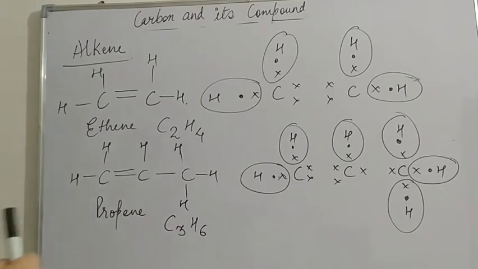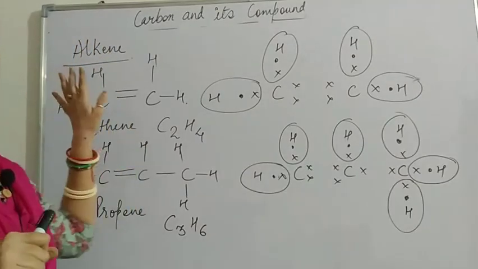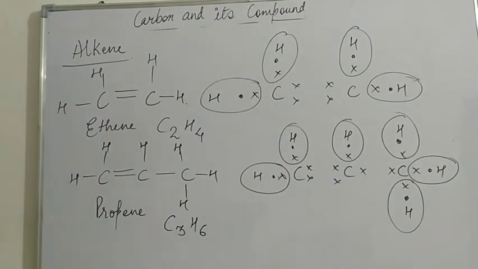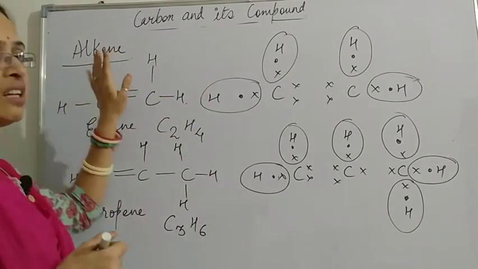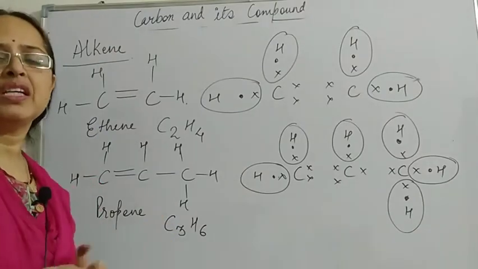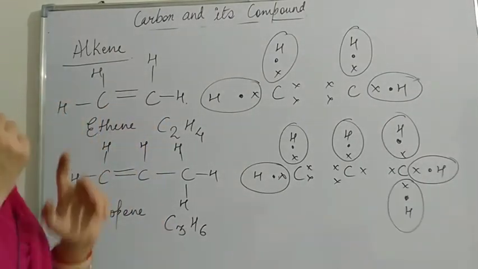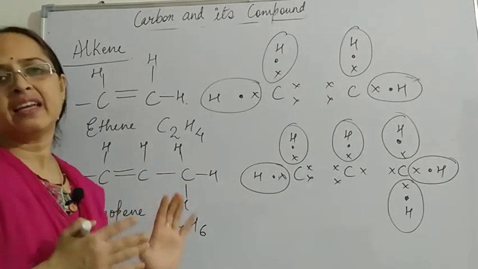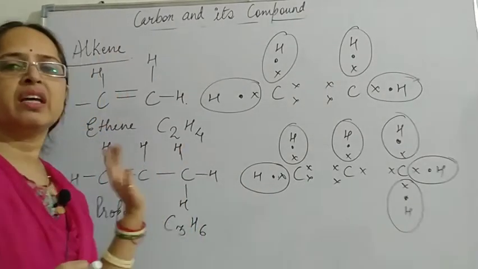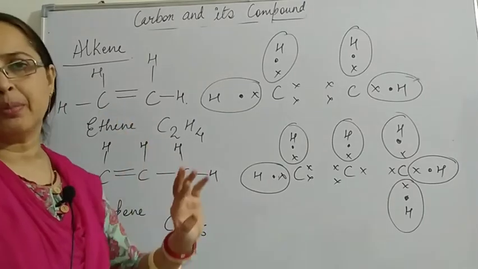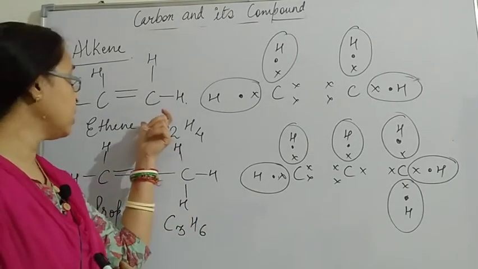Now here you can see the structural formula. We'll talk about the alkene, how the structural formula and the electron dot structure of alkene are made. You know that in alkene the first carbon compound has 2 carbons. Because the first member in alkane is methane, but here in alkene it is the 2 carbon compound, that is ethene.